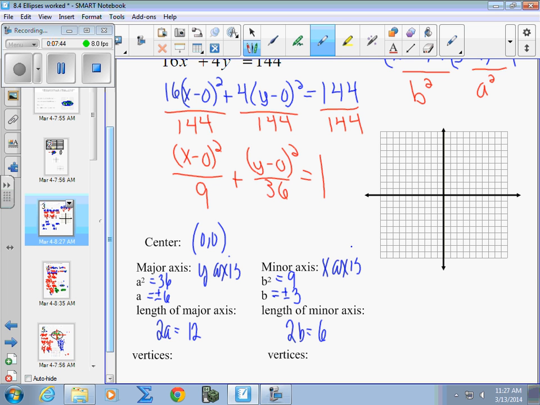We'll come back to the vertices in a minute. Let's go ahead and graph what we have. So we'll plot the center at the origin, 0, 0.